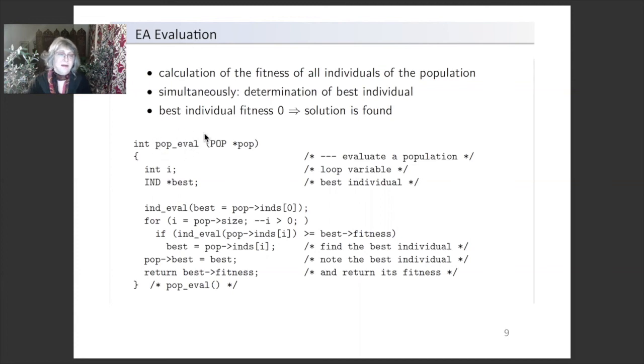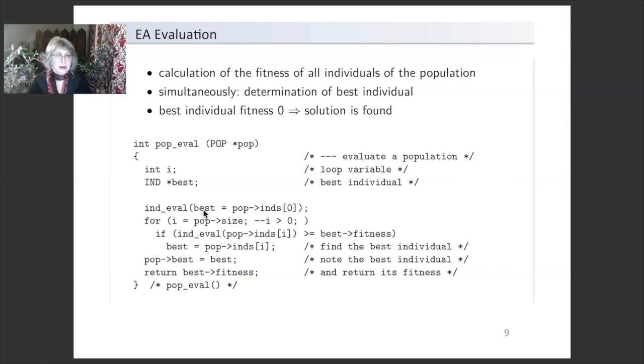This is the function to evaluate the fitness of each individual. Here as parameter, we have a pointer to population. This is a variable of population type. We have a loop variable I, and also we have an individual pointer, best. This corresponds to the best individual.